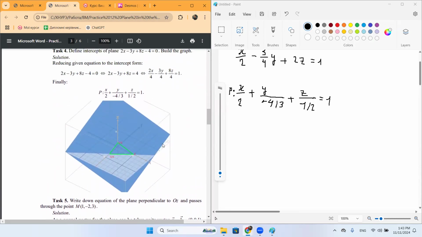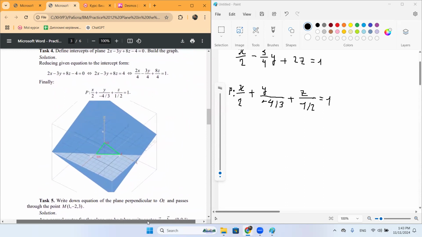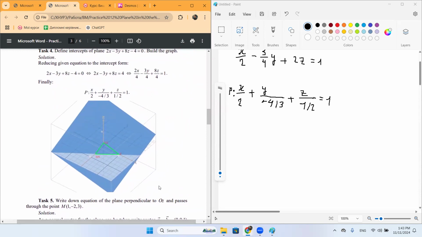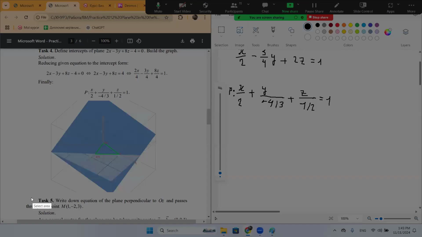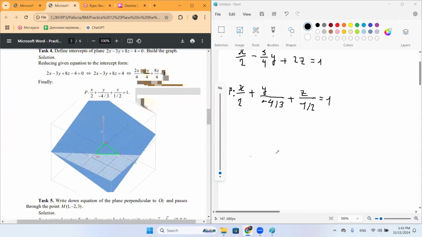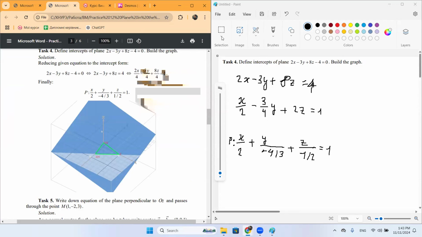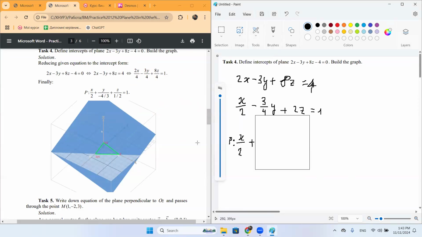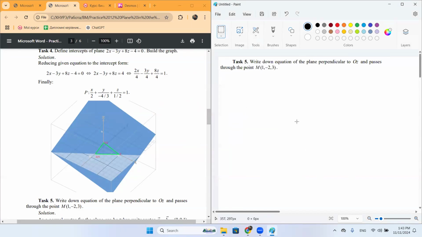Okay. So now, writing down the equation of the plane perpendicular to the z-axis, passing through the point M with the given coordinates. Ideas how to solve? Do we know the normal vector of this plane?